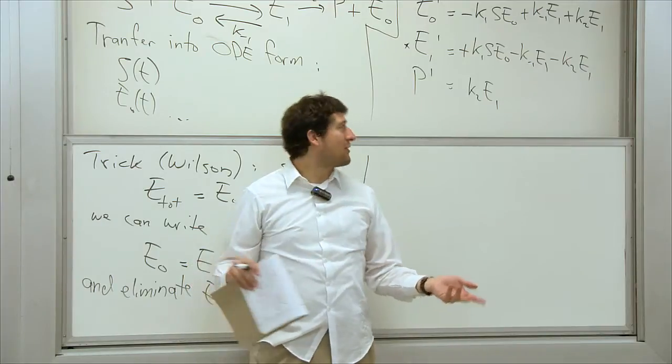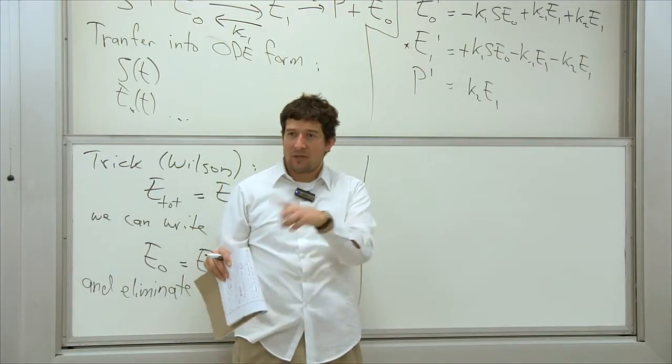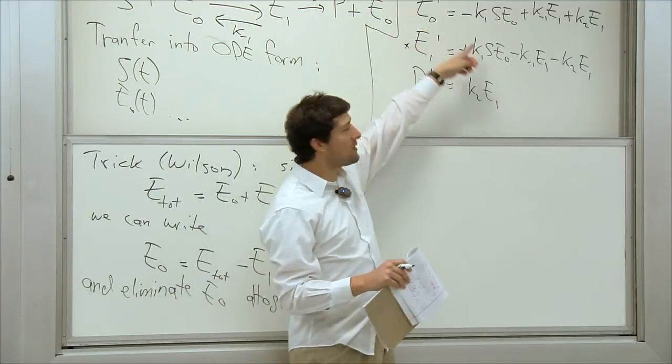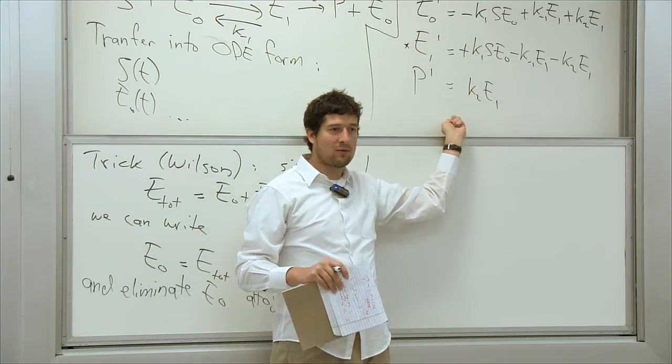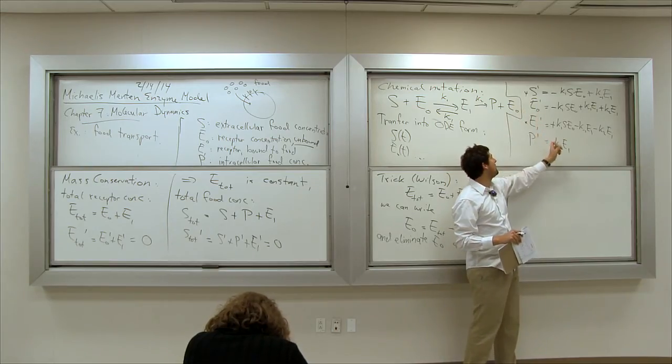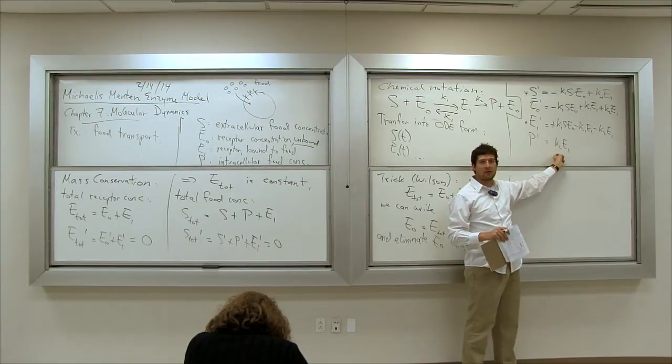Right? I mean, look, the S and E1 depend on each other. They're coupled, right? But P does not show up anywhere in here. P is a downstream variable, right? So if you can find out what these things look like over time, then you can easily find out what P looks like over time.